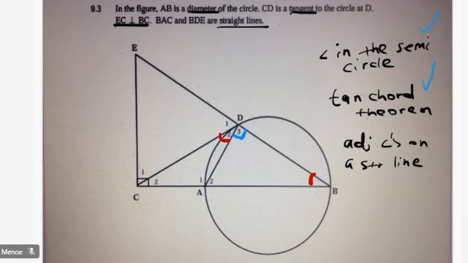You see, we do not see questions here. We are just doing diagram analysis because we might need those angles. We might need those explanations when we are doing the questions, to say D2 is equal to B because of the tan-chord theorem. But for now it's okay. Then what else do we need?